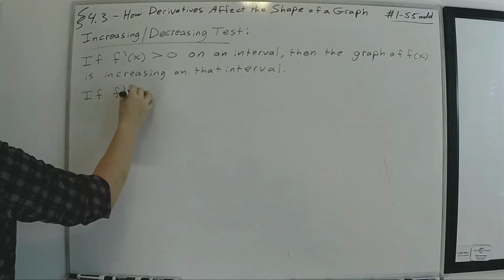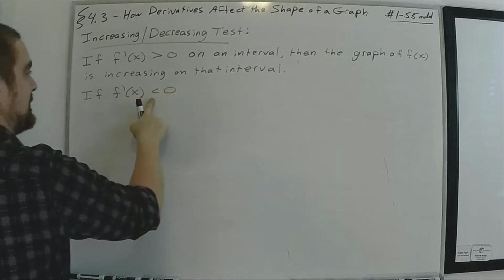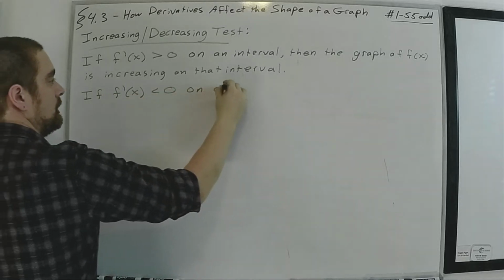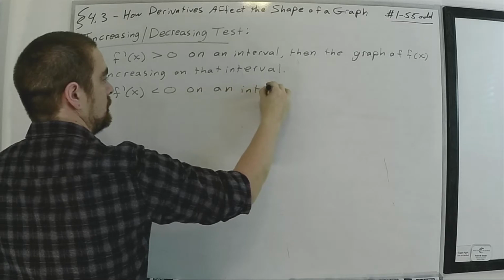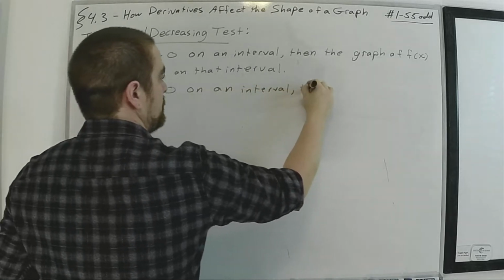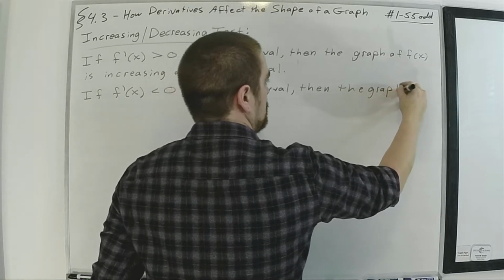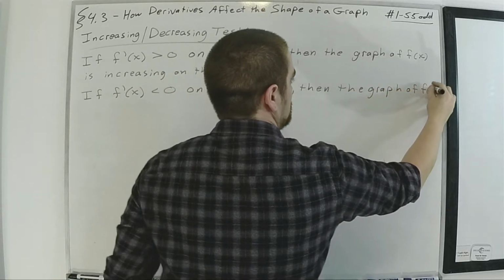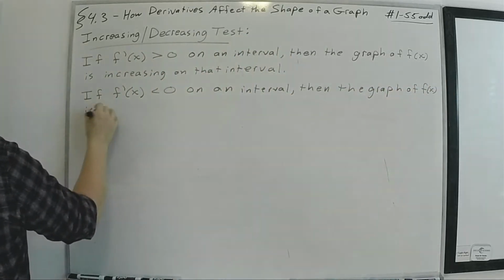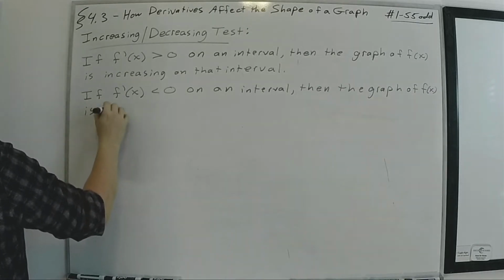If f prime of x is negative on an interval, then the graph of f of x must be decreasing on that interval.